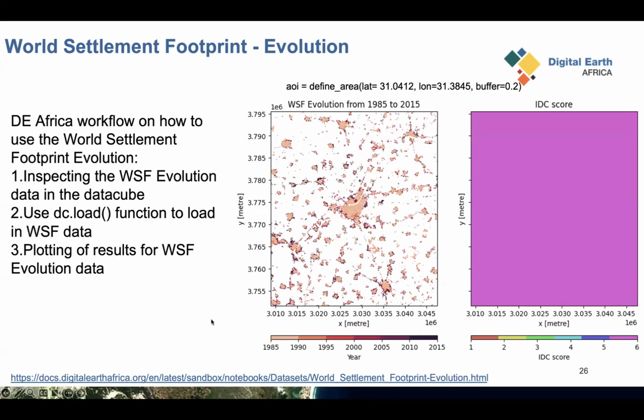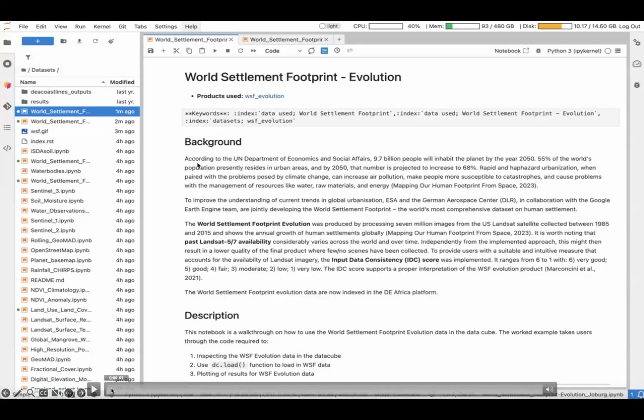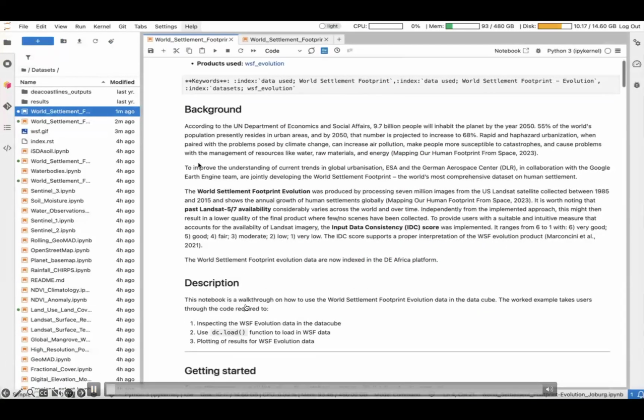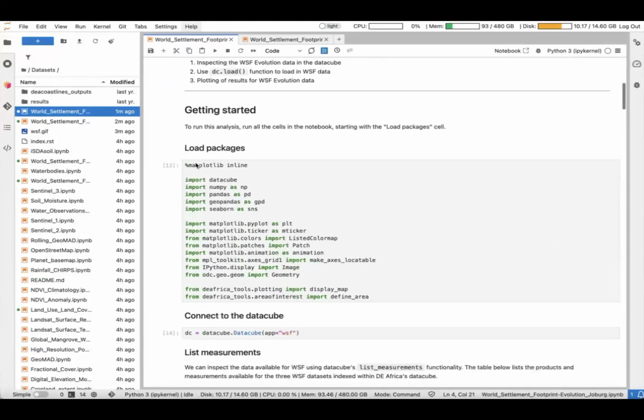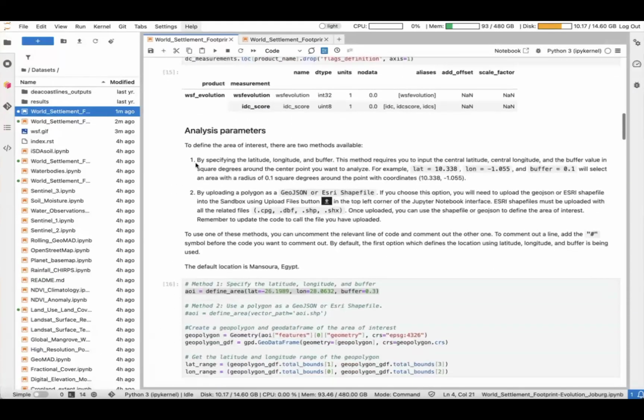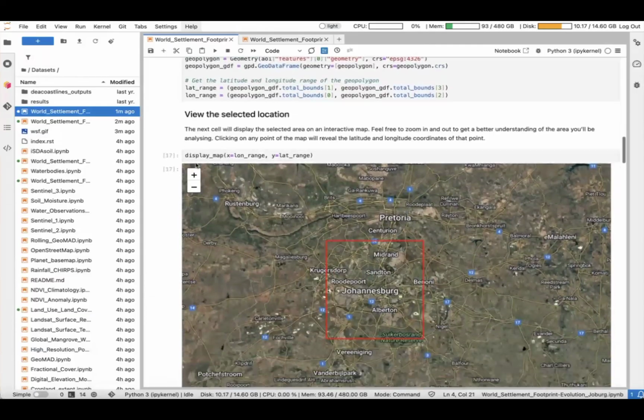And in this case, in Digital Africa, we have this particular notebook, which gives you the step-by-step guide on what is in the background, and just changing the area of extent.